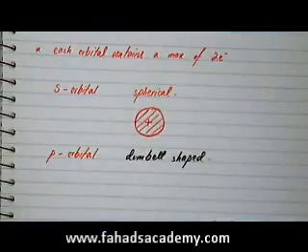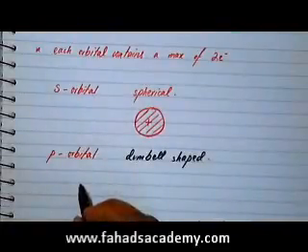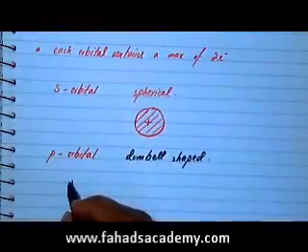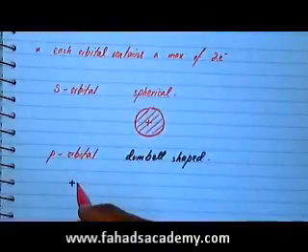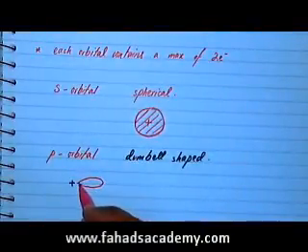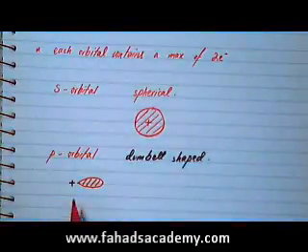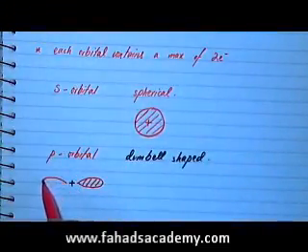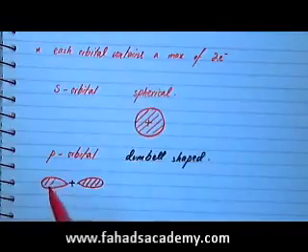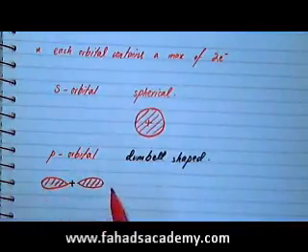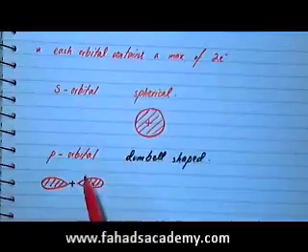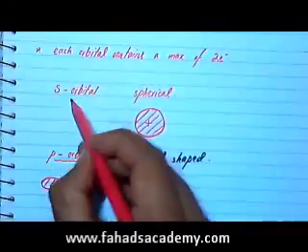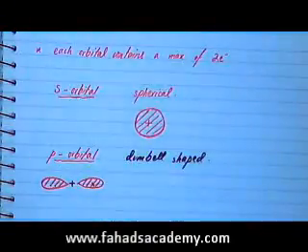We've already discussed that if you look at a p orbital, with a nucleus right in the center, there would be a region of space on one side of the nucleus where an electron might exist, and on the other side of the nucleus. So this entire thing is a p orbital. If the electron is in the p orbital, it might be existing in this entire region. So the shape of a p orbital is double lobed.